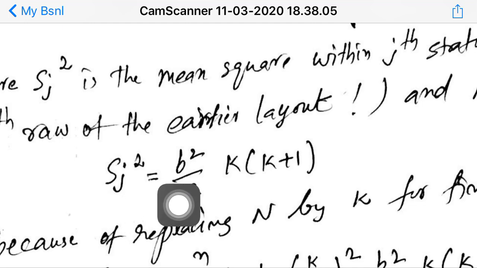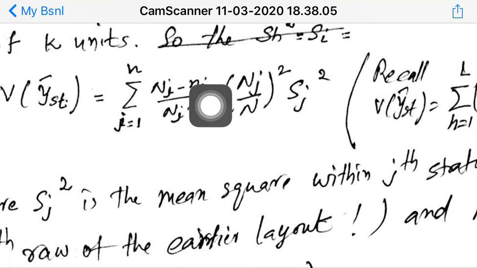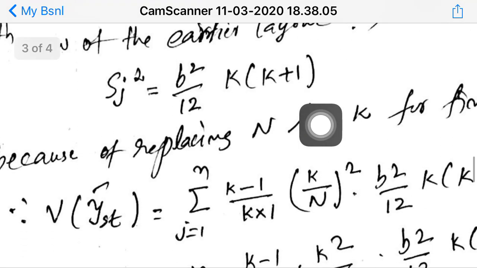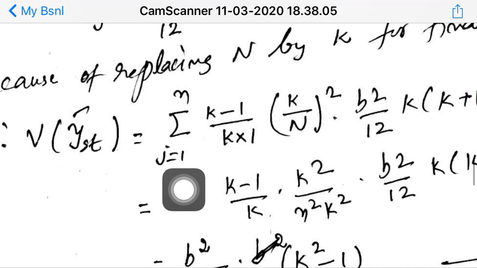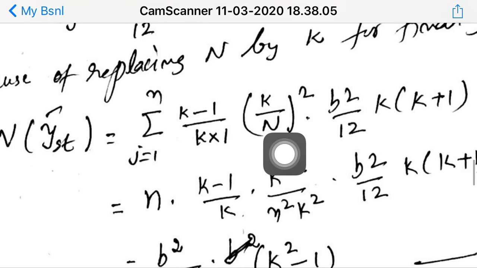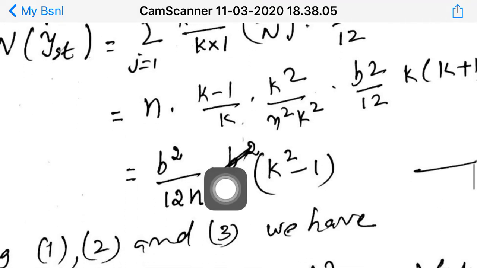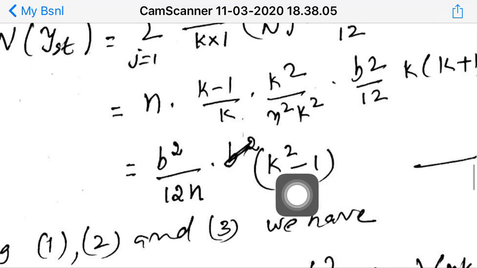So if Sj square is equal to b square divided by 12 into (k plus 1), you can see that on substituting this nj, that is (k minus 1) divided by k into 1, then (k divided by nk) the whole square into this Sj square, you will see that the variance of y bar st is equal to summation over j equal to 1 to n, (k minus 1) divided by k into 1, then (k by n), where capital N is equal to nk, and on simplification you will see that this is equal to b square divided by 12 into n into (k square minus 1).